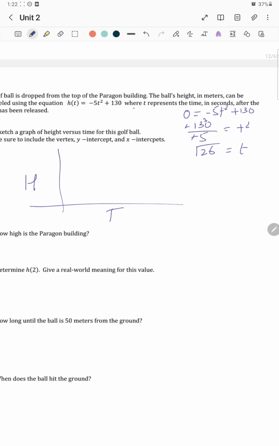So it's going to be square root 26 and 0. Square root 26 and 0. And for the y-intercept, y is equal to 0 plus 130. So it's going to be 0 and 130 like this.